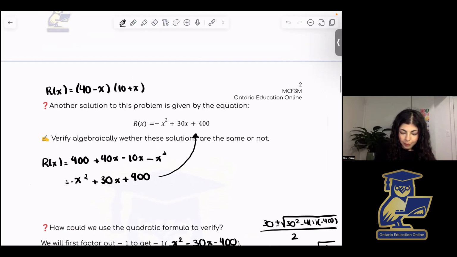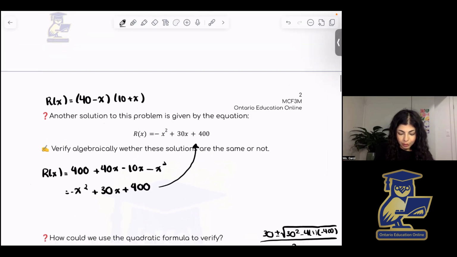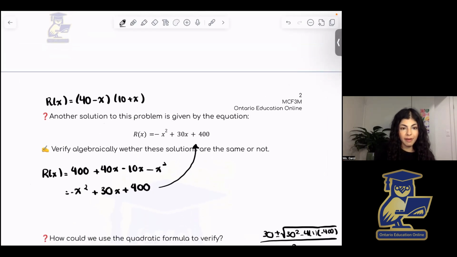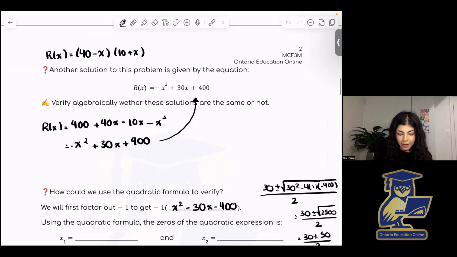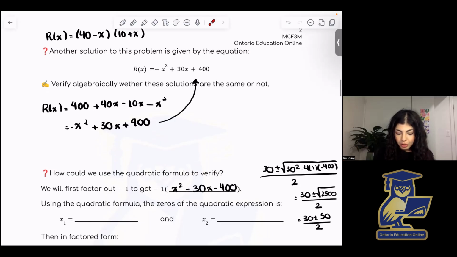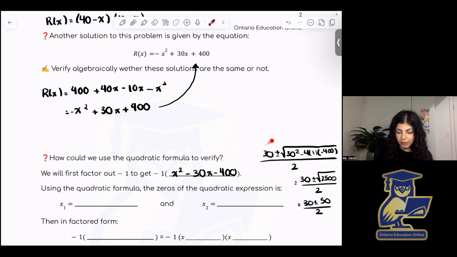So now you are asked to use the quadratic formula to verify this as well. So here, first I have factored out -1 to get an a value of 1. So now I applied the quadratic formula here for you. So -b plus or minus the square root of b squared minus 4ac, divided by 2a, which a is 1 in this case, so just 2.